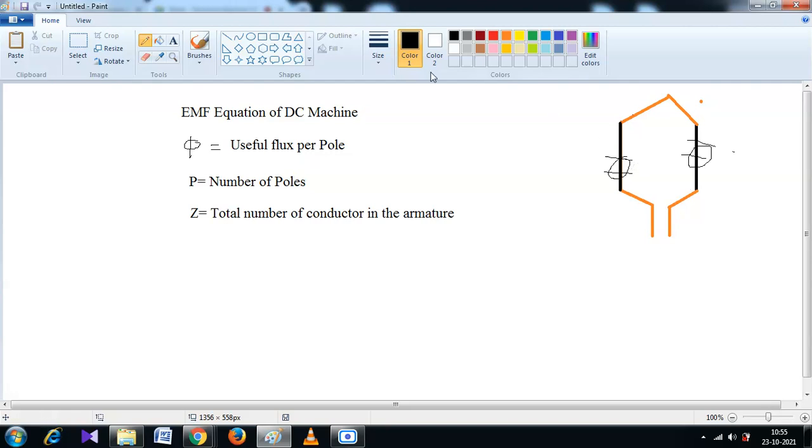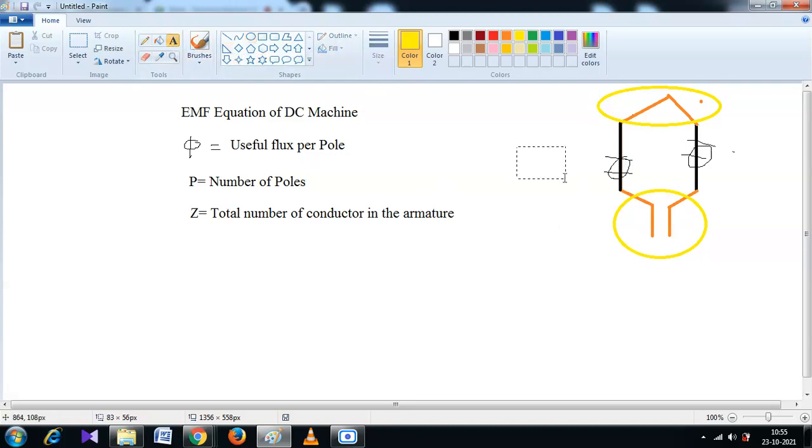Two. And this part is called the coil end, the yellow marked part. The voltage is produced in the coil side, not in the coil end.